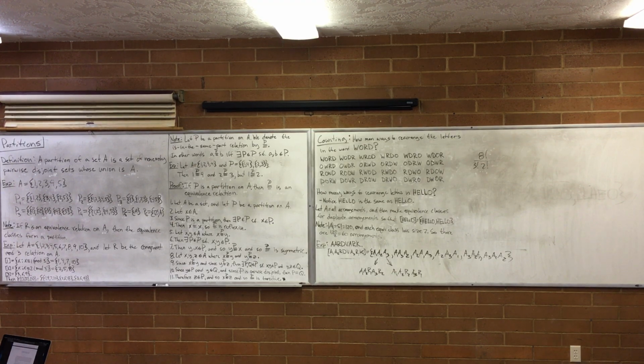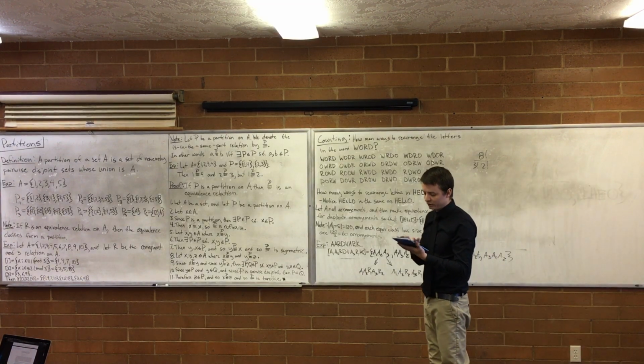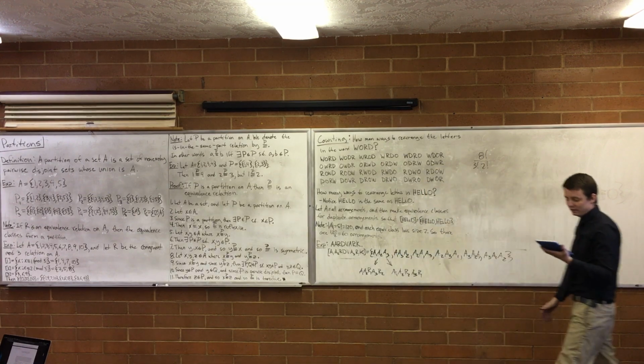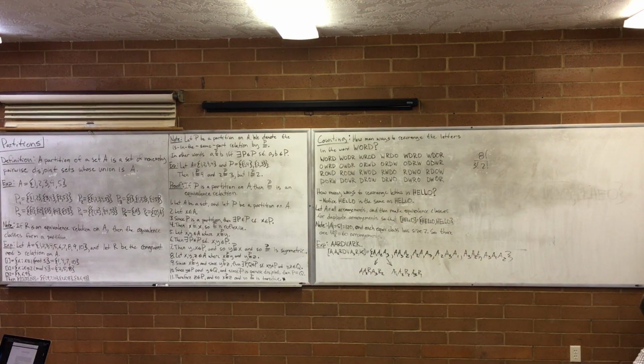And then I strongly recommend reading through the author's conversation on this, because he'll probably give you a different way of thinking about it than I did, that might be more intuitive.